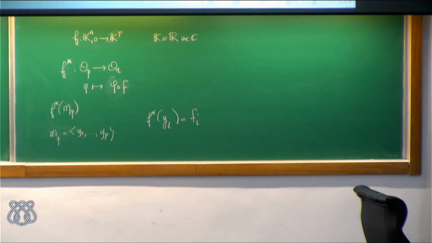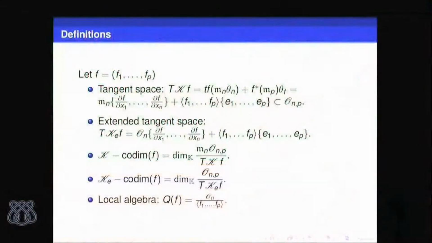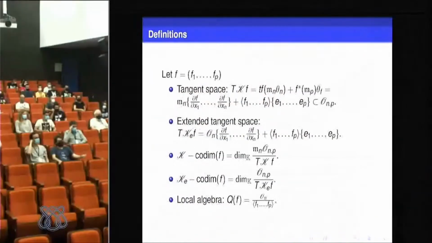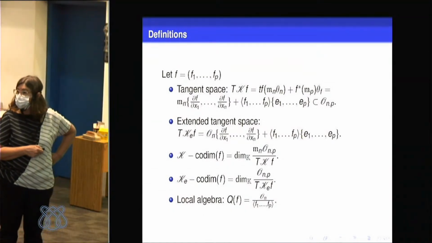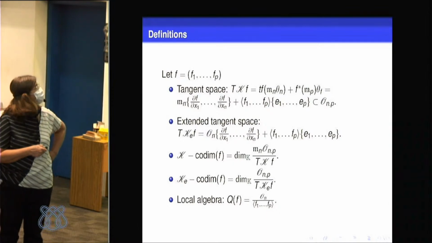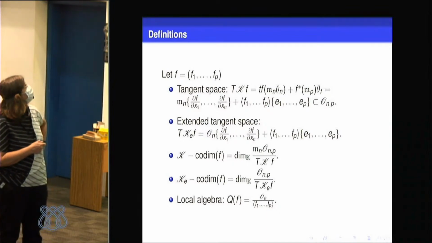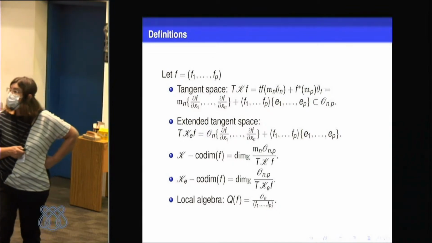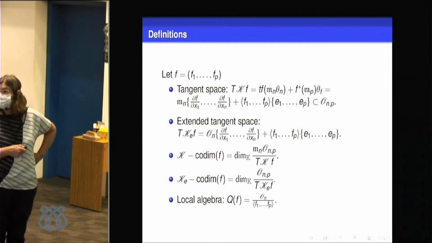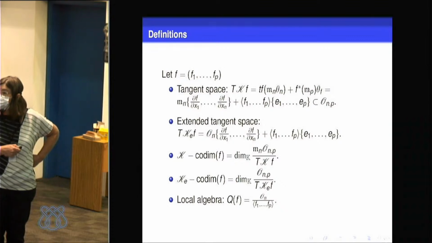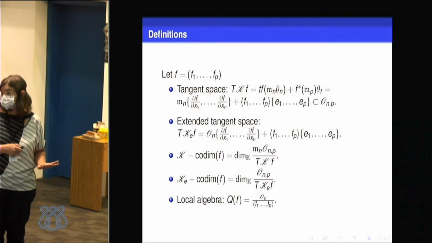Okay. And also, she defined this local algebra, and I just put it here using this notation. So one important thing about the K group is that this tangent space is a submodule of O_n^p. It's a simple algebra structure.